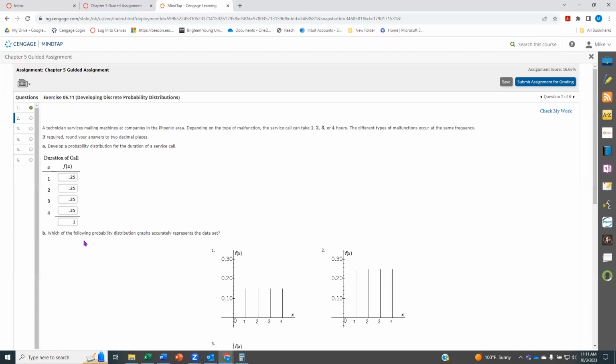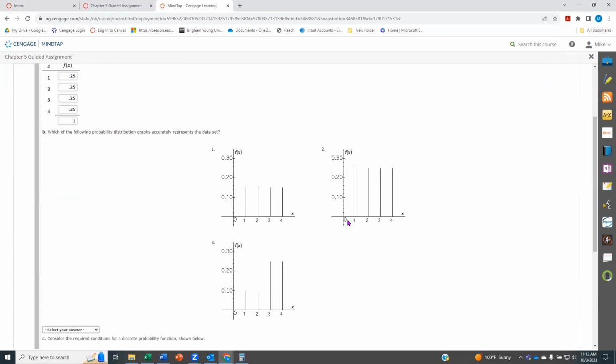So then it asks us, which of the following probability distribution graphs accurately represents the data set? And it would be the one where each of the items, 1, 2, 3, and 4, is at 25%. So this one's out because some of them are different. And this one, it's less than 0.2.